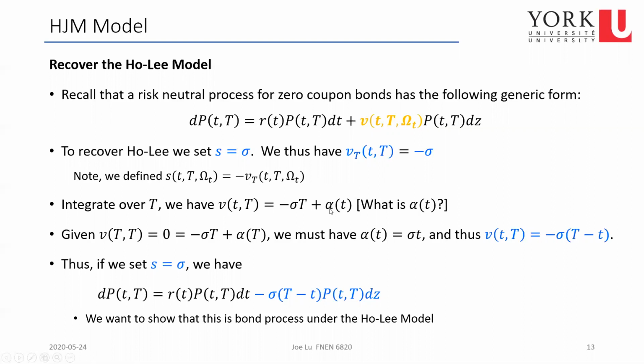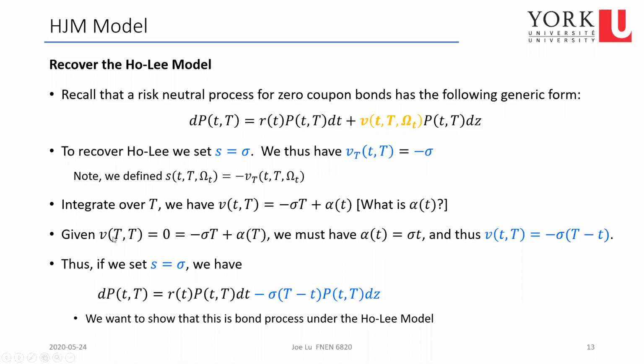Now this alpha is a function of the little t, but not a function of big T, right? So it's a constant term that we need to add after the integration. Now, how are we going to determine this alpha? Well, we determine this alpha through boundary conditions.